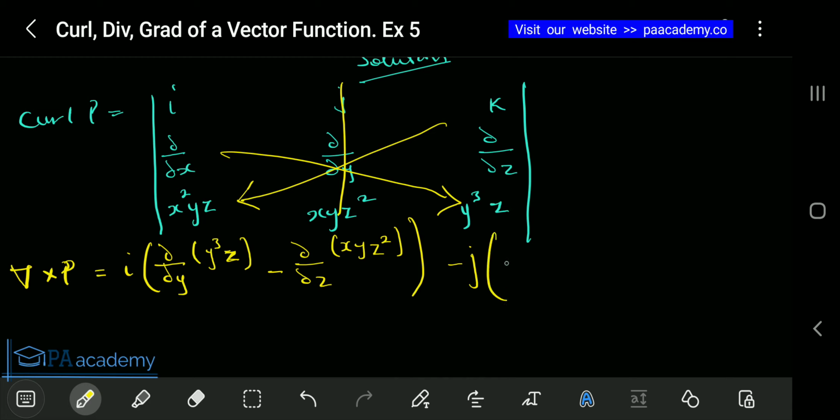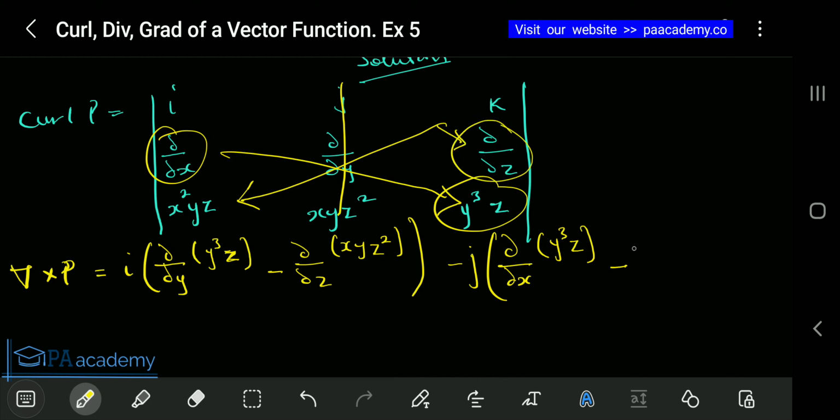For j, we have the partial differential of this over x, multiplied by y cubed z, minus this one, d over dz, sorry, this is z, not x, that's z.